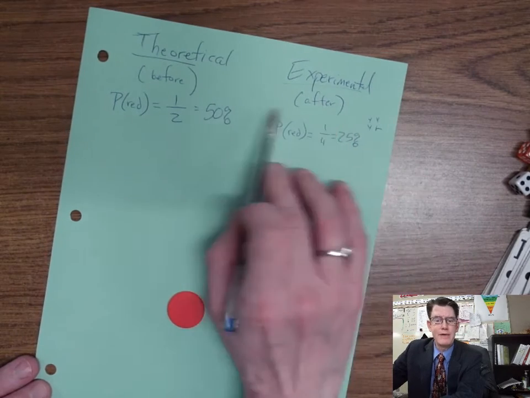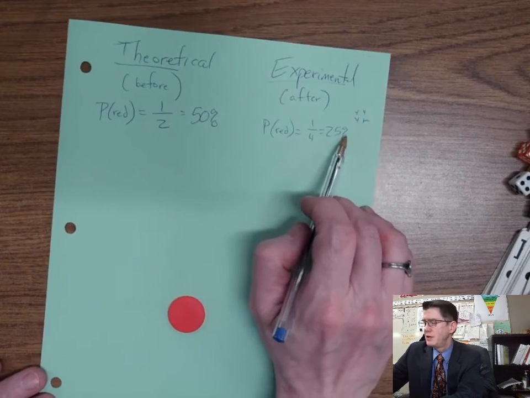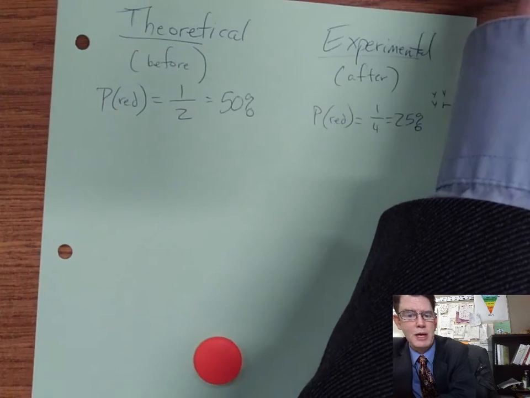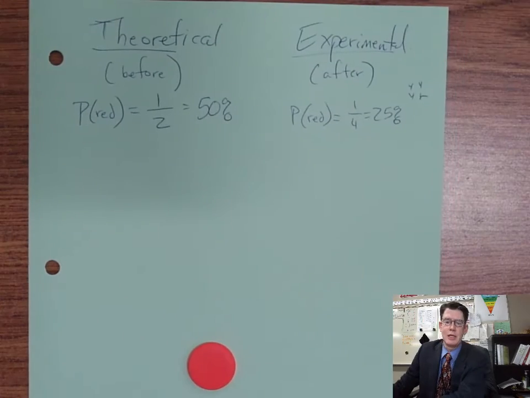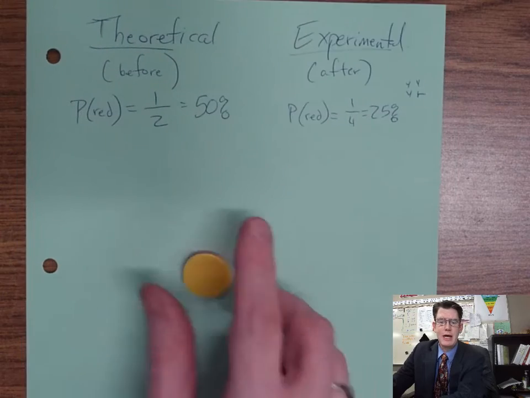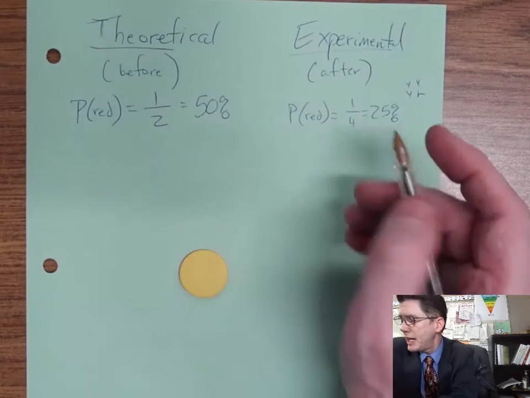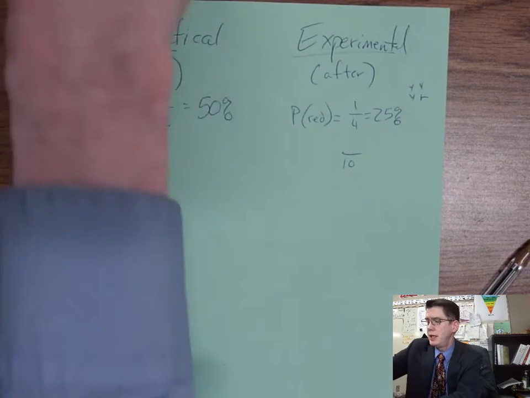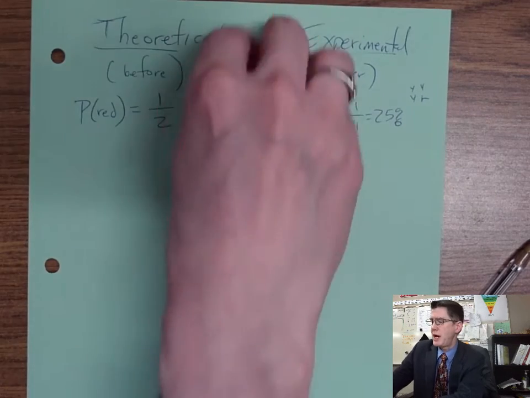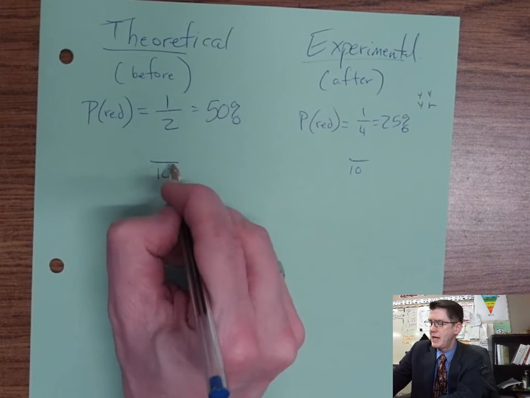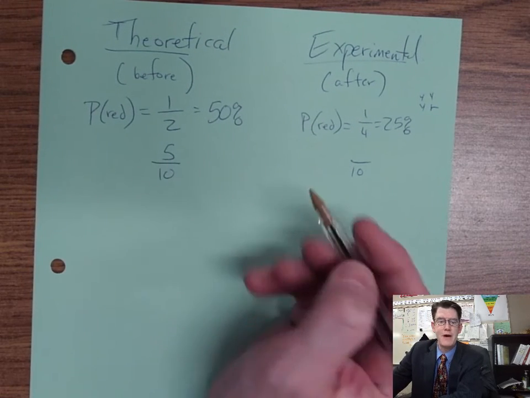Well, that's kind of a big difference. Just know that the theoretical is talking about before. It's what we expect to happen. Experimental is what really does happen. If I wanted to, I could do this again and flip it 10 times. My theory out of 10 is that I would get 5.